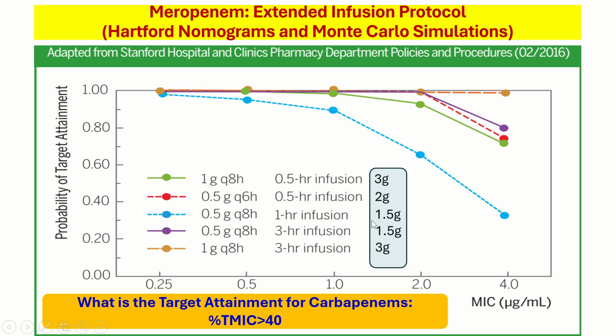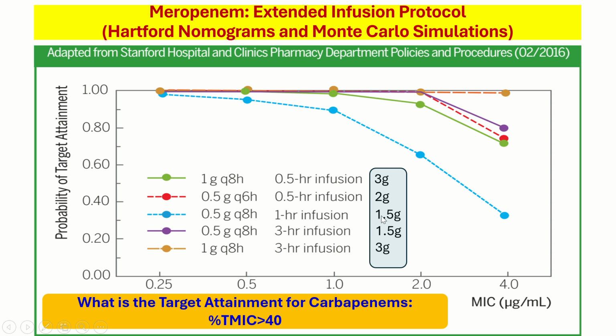But what if the MIC rises from 0.25 to 2? Let us say you have got an E. coli isolate that's an AmpC producer, and you've given a third generation cephalosporin, and that induces that AmpC and that hyper AmpC starts breaking down meropenem also, and the MIC rises. So in this case, what happens? You see the blue line is the 0.5 gram every 8 hourly as a 1 hour infusion.